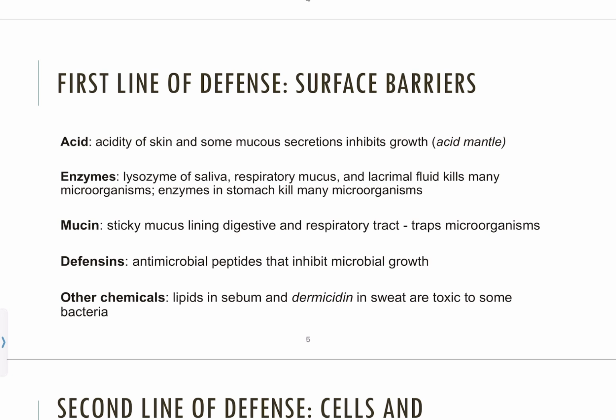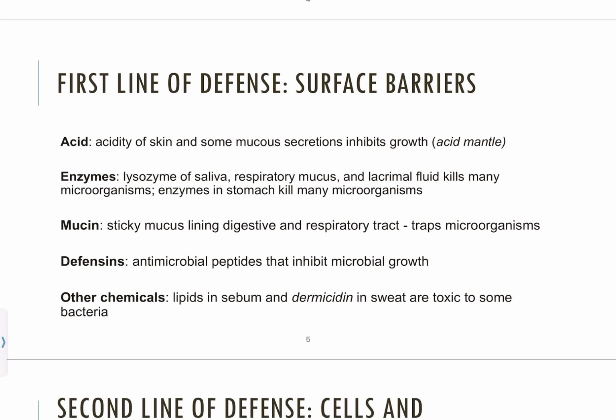Other things that can be found in the secretions from our surface barriers would be enzymes. So one example is lysozyme of saliva. We even have different things in our lacrimal fluid from our tears. And when we do our digestive system, you'll see the huge role enzymes play when we're talking about microbes or pathogens that we encounter in our digestive tract.